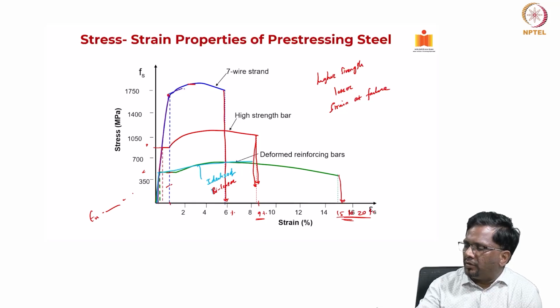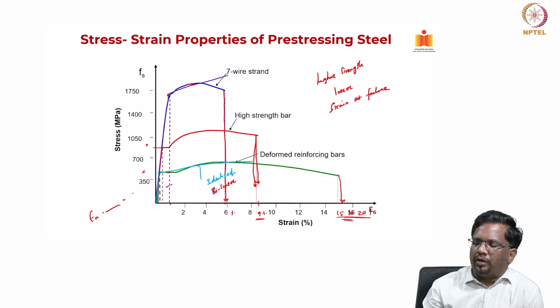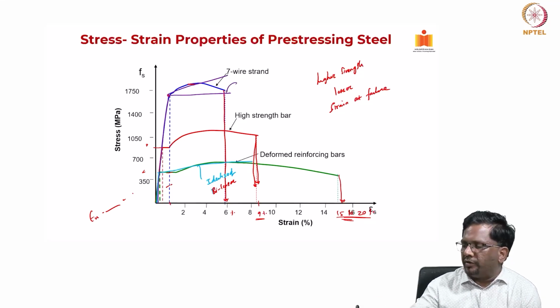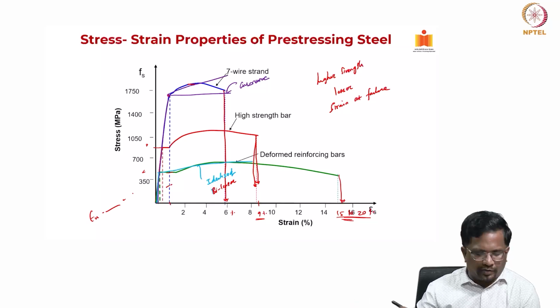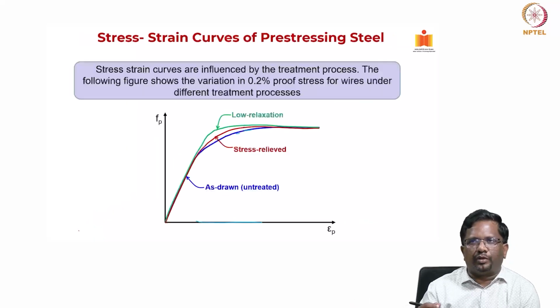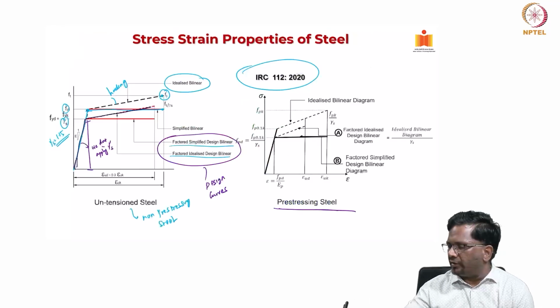Either I can idealize like this or I can idealize like this, right? This is more conservative, of course. So like this bilinear curve, this is for pre-stressing steel. Same way is what the code is saying, you can idealize like this.